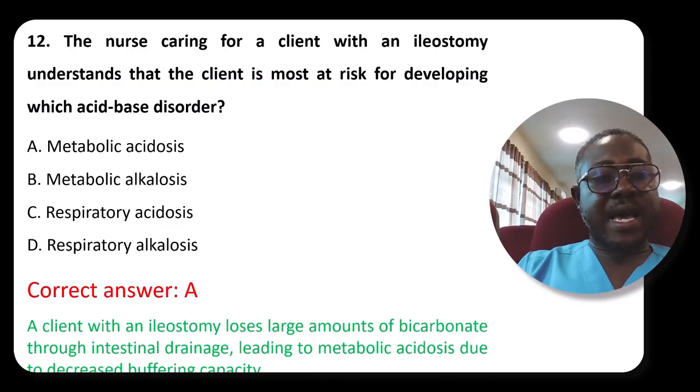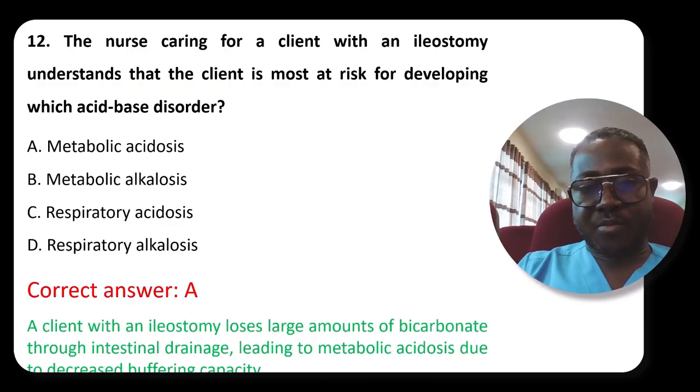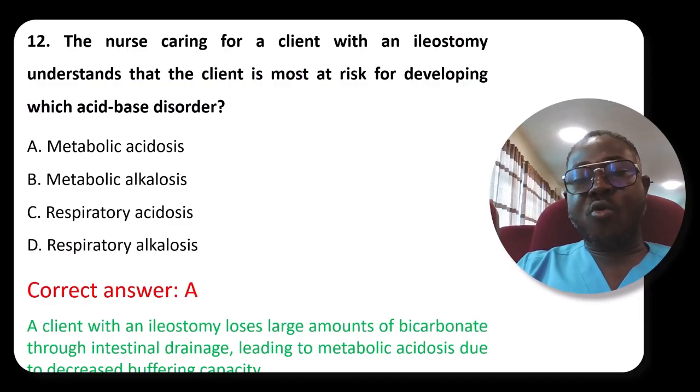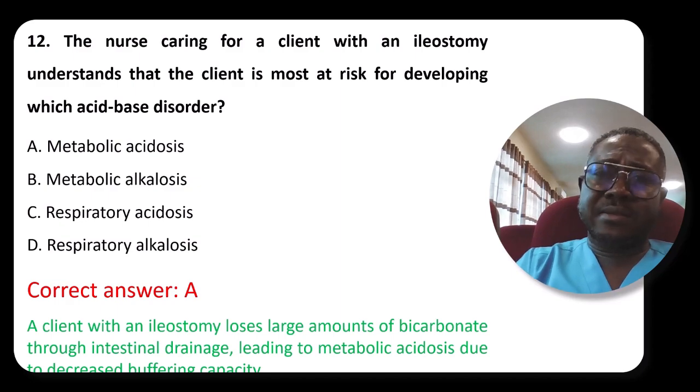A. A client with an ileostomy loses a large amount of bicarbonate through intestinal drainage, leading to metabolic acidosis due to decreased buffering capacity. Now, with the ileostomy, what compound of interest when it comes to acid-base imbalance is found in the intestines? It's bicarbonate.